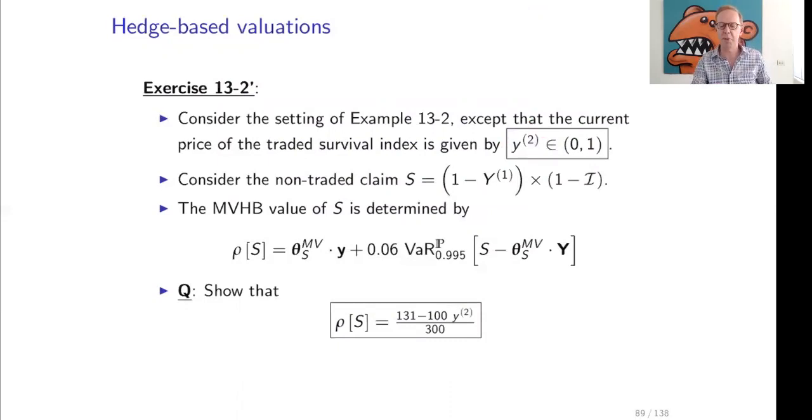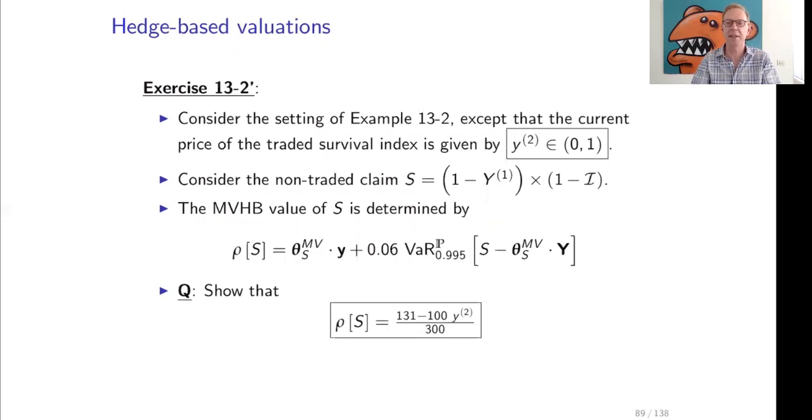It must be somewhere between 0 and 1 to exclude arbitrage, but it's a deterministic value somewhere between 0 and 1. We consider the non-traded claim S, and we want to determine the mean variance hedge-based value of S by this principle, just as before.